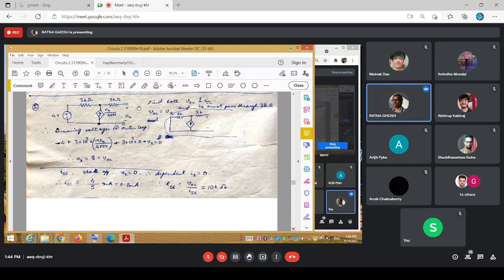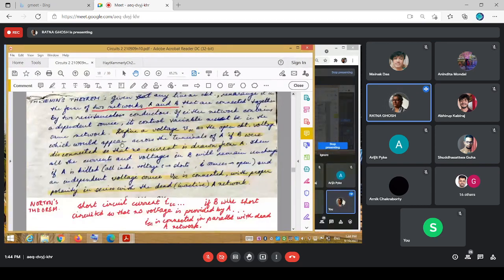So let me go back into the definition there. Here it is mentioned, if either network contains a dependent source, its control variable must be in the same network.